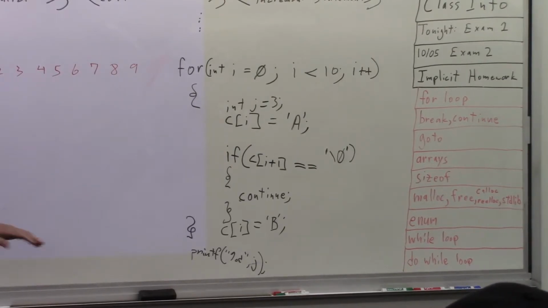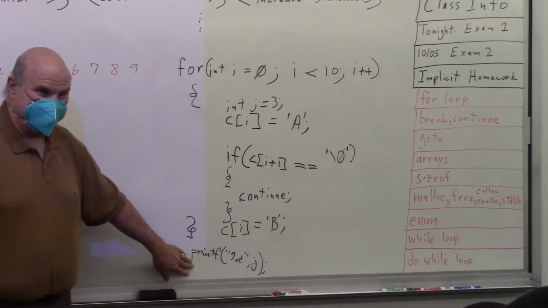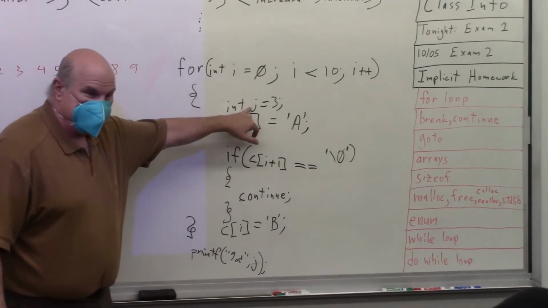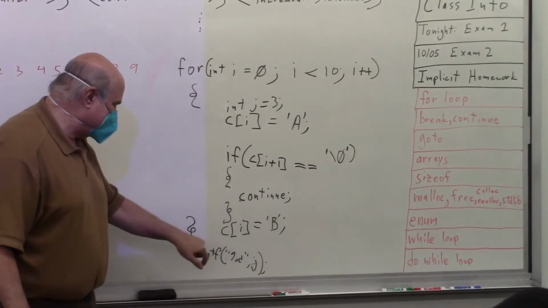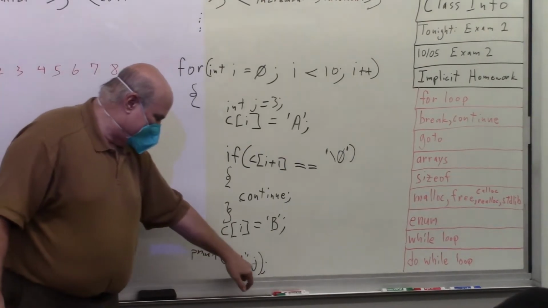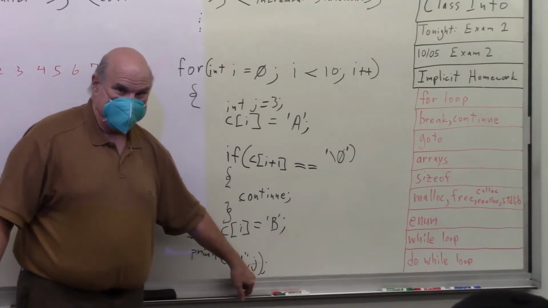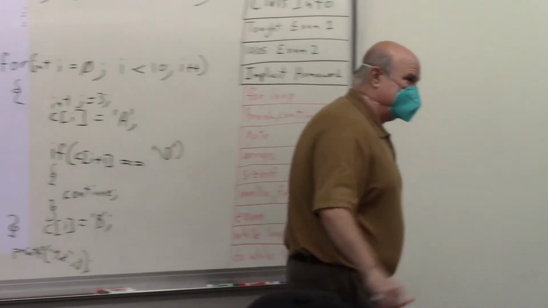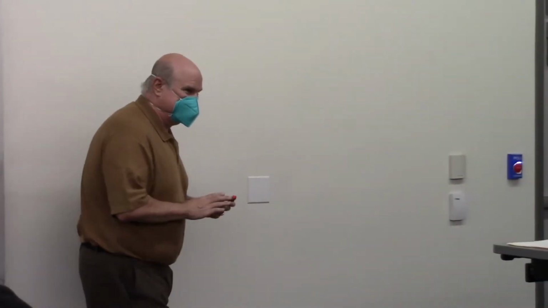Not because it's anything to do with printf, but because at this point in the program, j has gone out of scope. You went out of scope at this brace, therefore the compiler will not know what j is. The compiler will say undeclared variable j, or something like that.